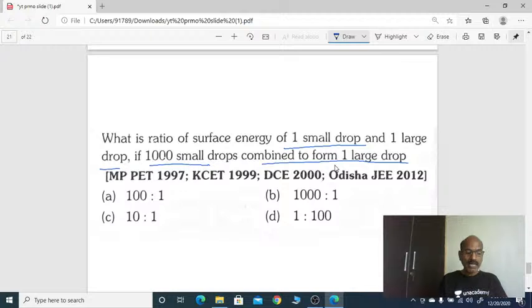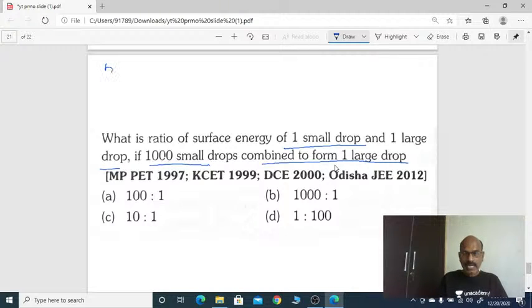Now in this case we know the volume of the liquid remains the same. So volume of 1000 small drops will be equal to volume of one big drop.